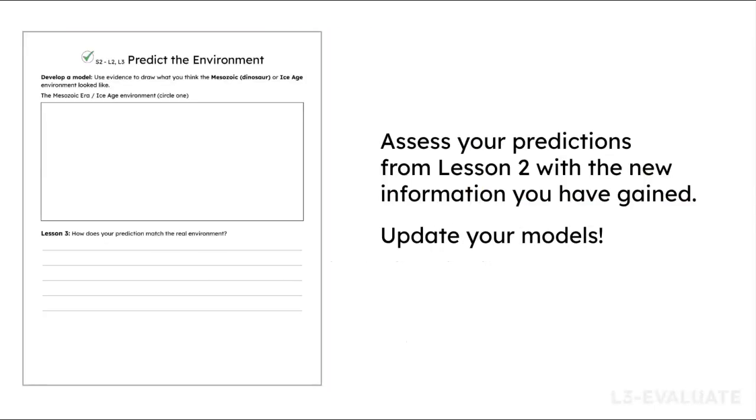For the Evaluate portion, you'll have students self-assess their Predict the Environment student journal page predictions from Lesson 2 with new details from organism adaptations. You'll give time for students to reflect on their predictions and update their models, adding in new information about the environment.